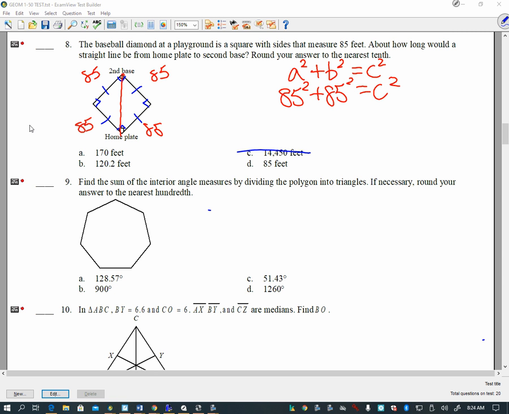You could throw out C because it's ridiculous. Does anybody know why we could throw out D? Every side of it is 85. Well, the hypotenuse has to be longer than 85. So it's either 170 or 120. If I got one of the two answers, I should know that I did something wrong and go back and try to fix it. Do I still have to have work to prove my answer? Yes, but you should be able to eliminate some obviously wrong answers.